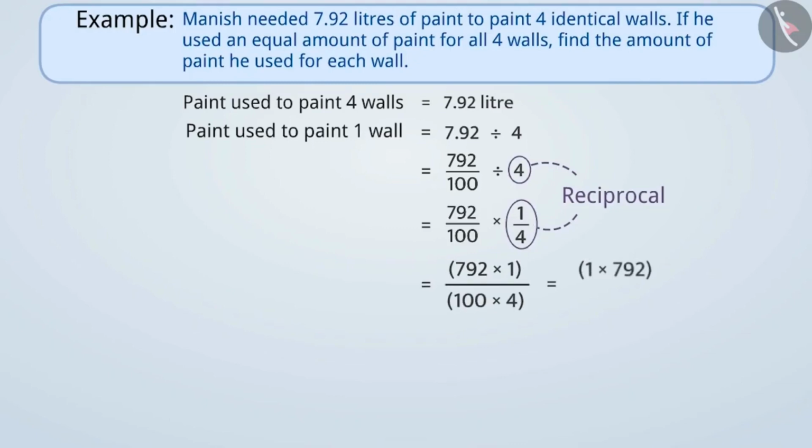We can write this as 1 into 792 by 100 into 4. Can you tell us why we can write 792 into 1 is equal to 1 into 792? Think a little.